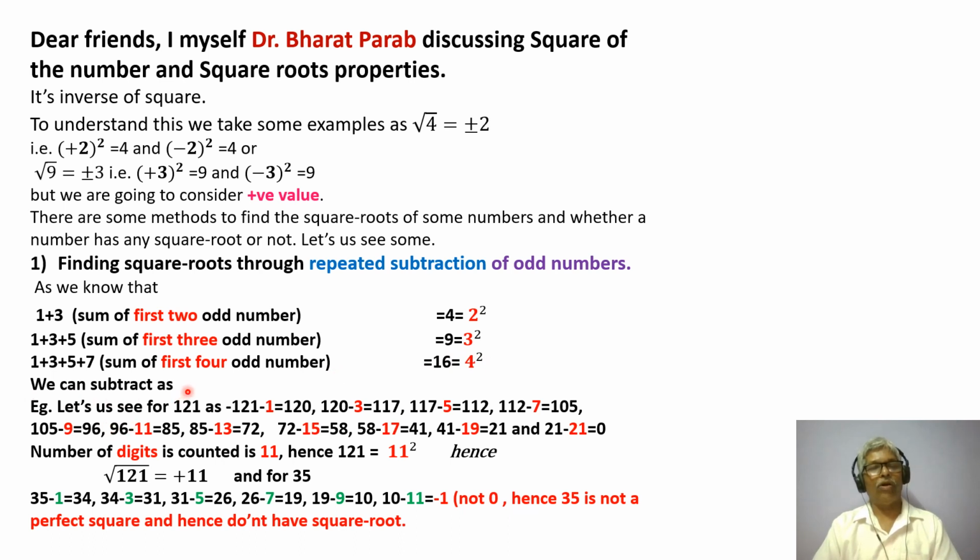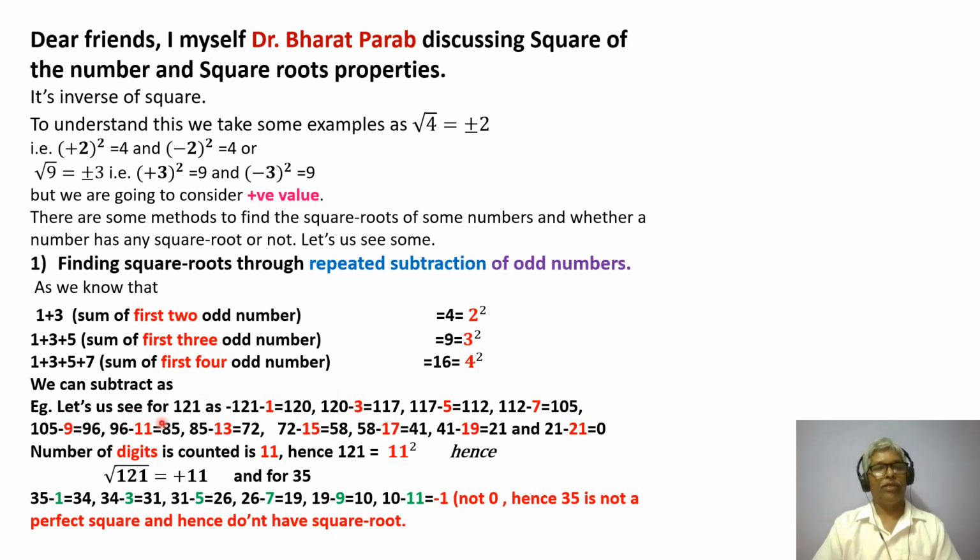So on the other hand, if we are given a number and we subtract odd numbers from it, then we can say whether it is a perfect square or not, whether it has a square root or not, and what the square root of this number is. We will see an example.